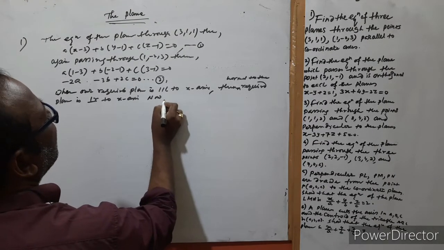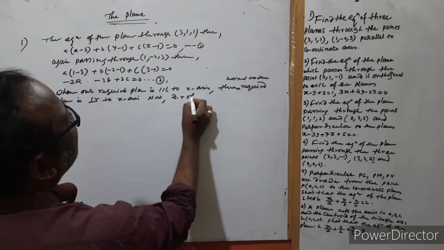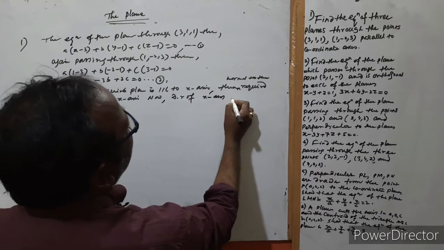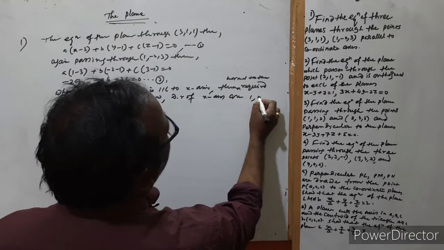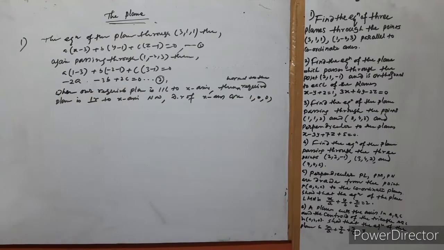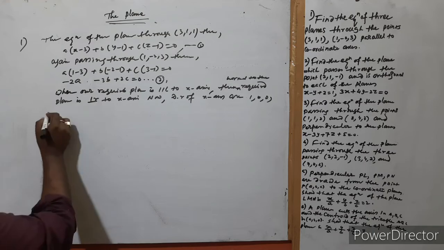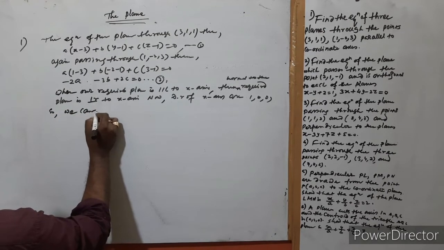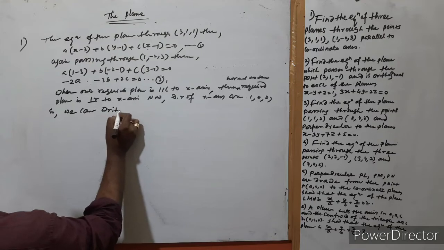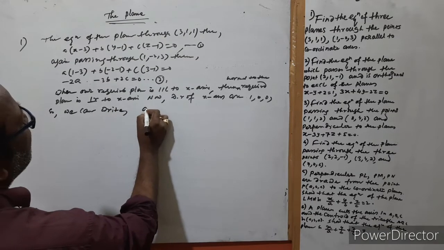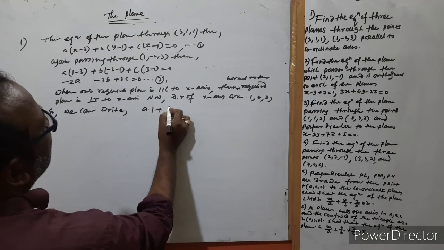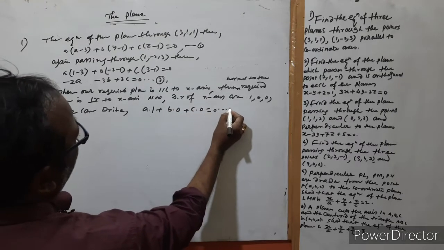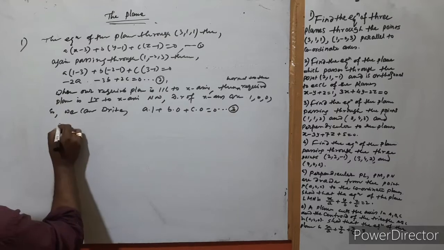Now the direction ratios of the x-axis are 1, 0 and 0. So now we can write a into 1, b into 0, c into 0 equal to 0. This is 3.